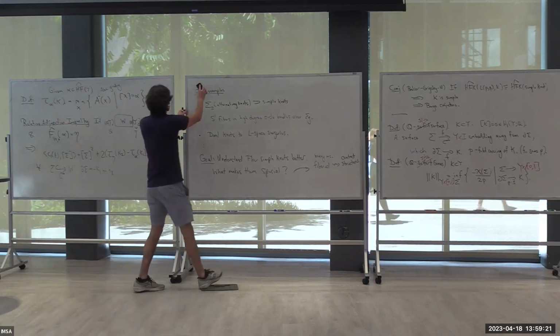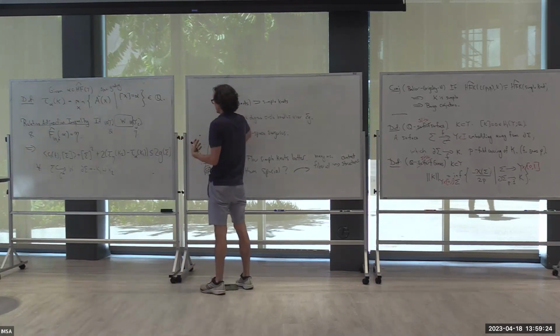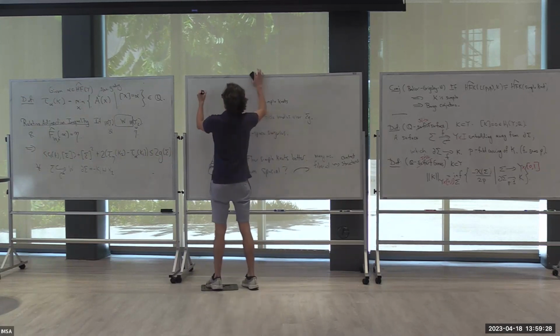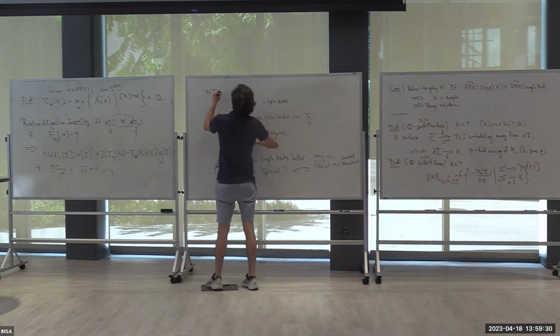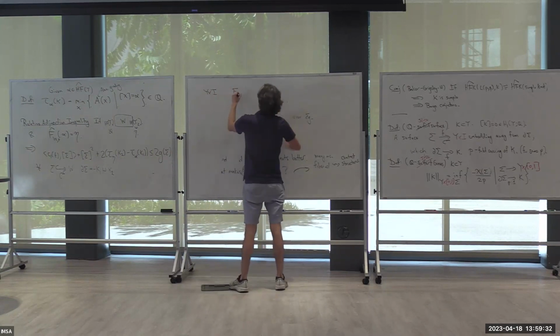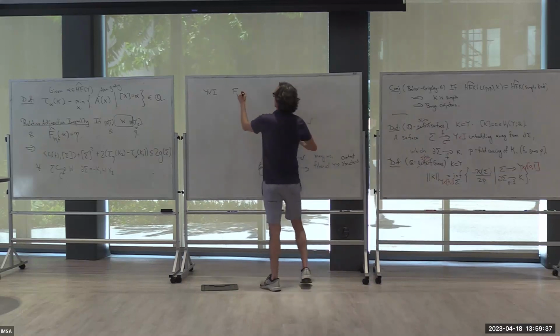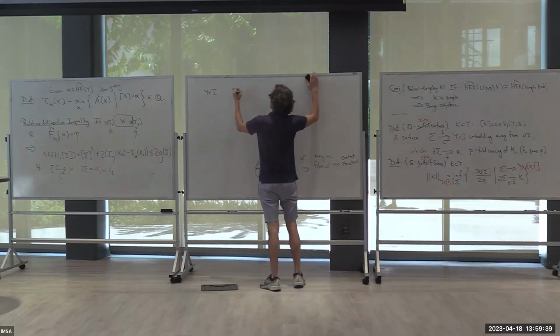We have this inequality, and we're thinking to ourselves, what better Floer manifold to apply this inequality to than Y cross I, because this is the identity in the cobordism category, if you like.